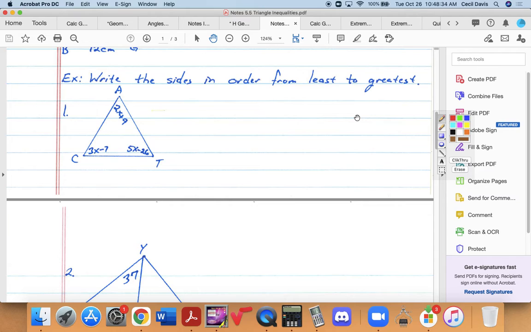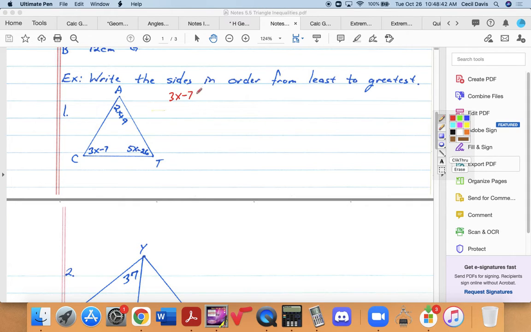So I should be able to figure out which is the biggest angle and which is the smallest angle. So let's see, 3x minus 7 plus 2x plus 9 plus 5x minus 26 is equal to 180. So that's 10x minus 24 is equal to 180.